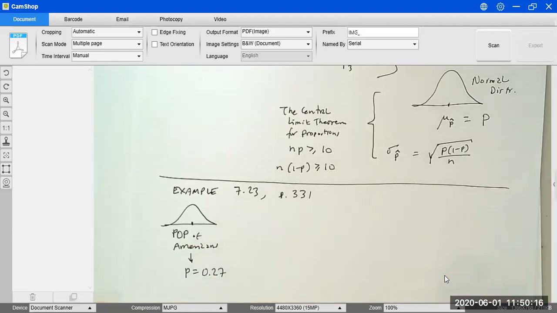That's the proportion for this population of Americans. Survey about ice cream flavors.